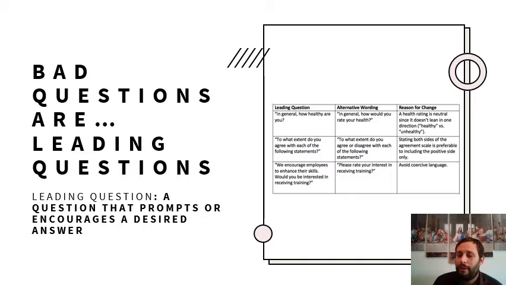We can avoid that with some alternative wording: please rate your interest in receiving training. You've essentially taken out the leading language that assumes the reader has to enhance their skills, which eliminates this bias and allows for an increase in construct validity.